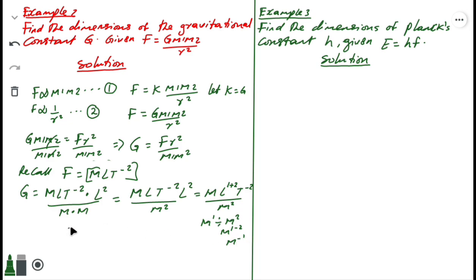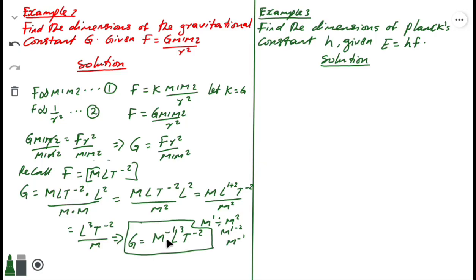So we can say L^3 T^-2 over M. Therefore, the dimension of the gravitational constant G is M^-1 L^3 T^-2. Now let's consider the third example.